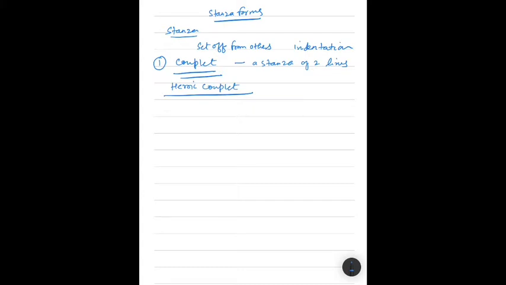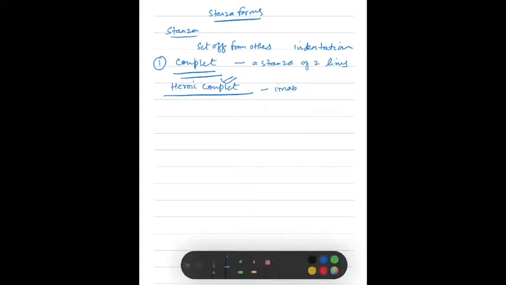Now because the word couplet is used, it means it will be a stanza of 2 lines. So a heroic couplet is a stanza of 2, and then this word you will remember, iambic pentameter lines.